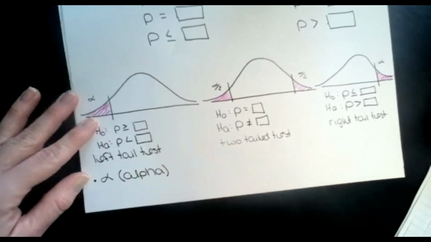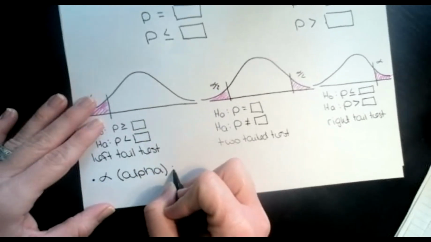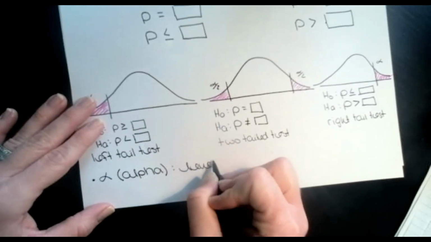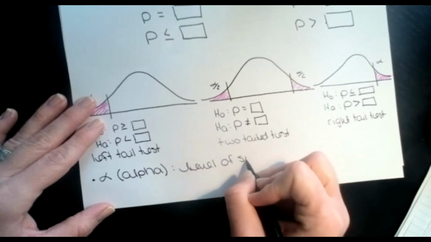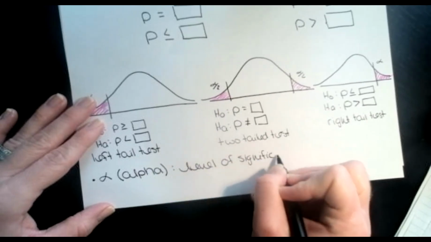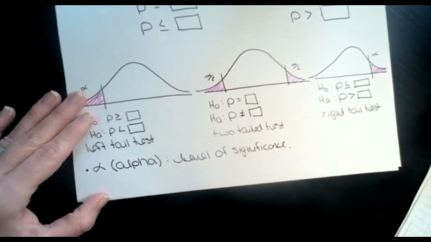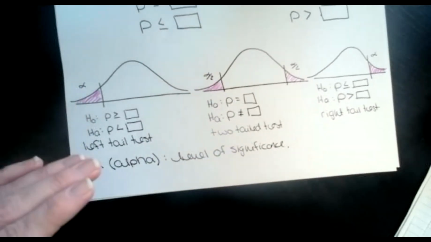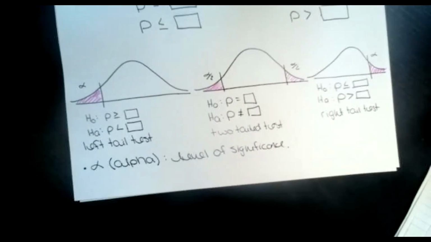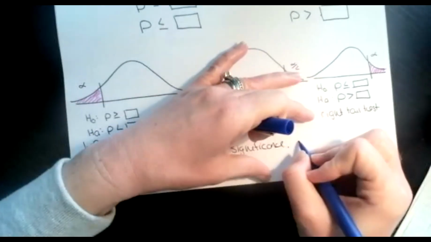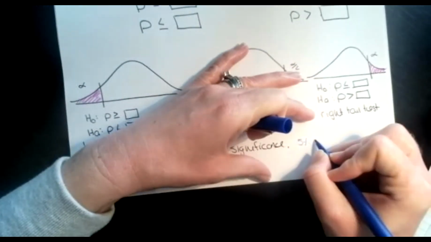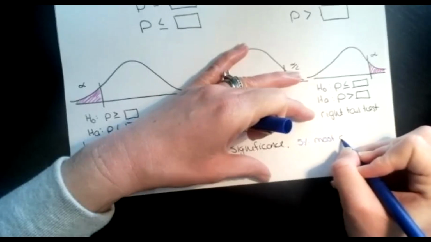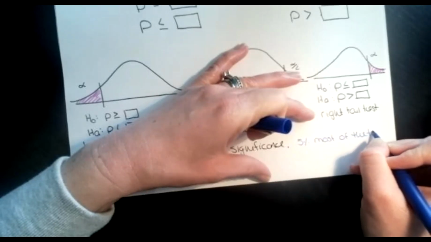Remember what alpha is. This is my level of significance. So remember alpha, most of the time, I'm just going to write this off to the side, is 5% most of the time.